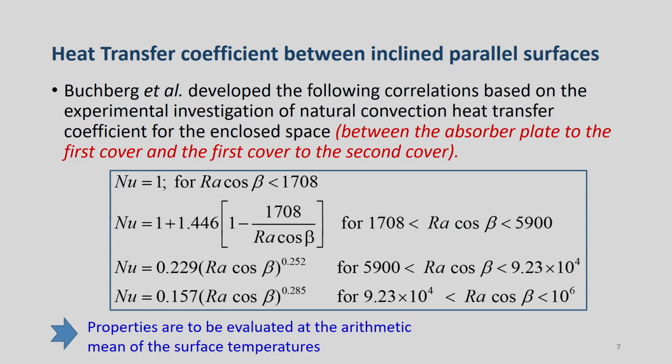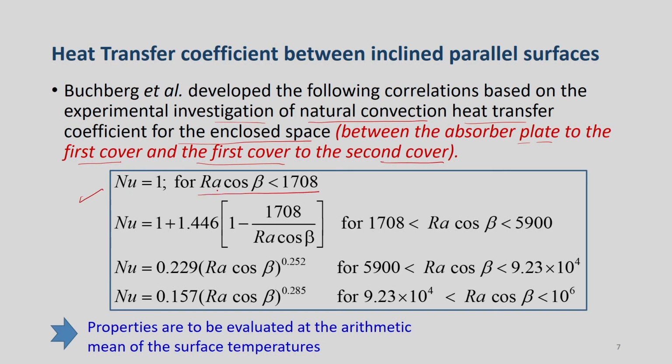Buschberg et al. developed the following correlation based on the experimental investigations of natural convection heat transfer coefficient for the enclosed spaces. That means, between the absorber plate and the first cover, and the first cover and the second cover. So, this correlation is something like that.